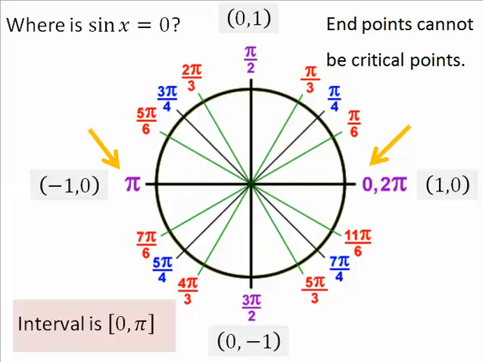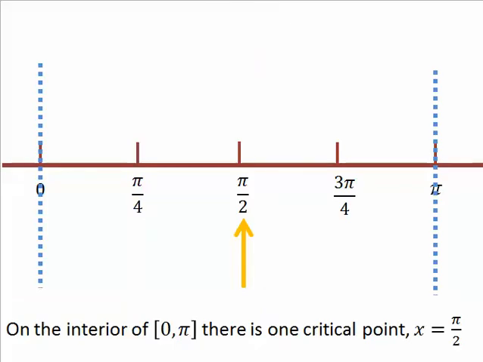A critical point of a function must be on the interior of the interval that you've been given. And our interval is the closed interval from 0 to pi. So both of our points, 0 and pi, are on the endpoints and therefore are not critical. So we only have one critical point, and that occurs at pi over 2.